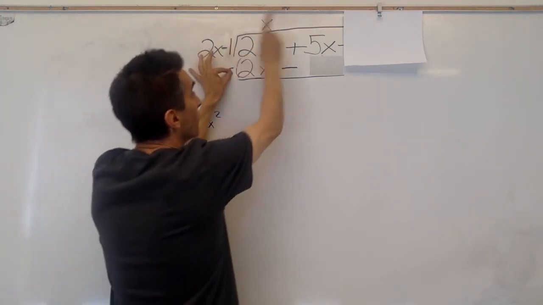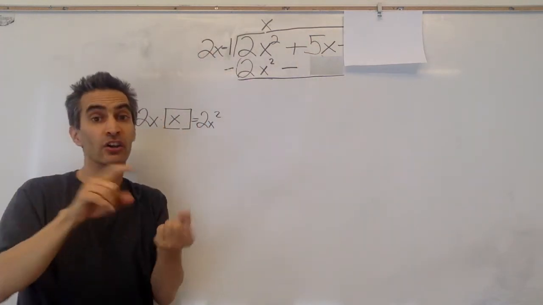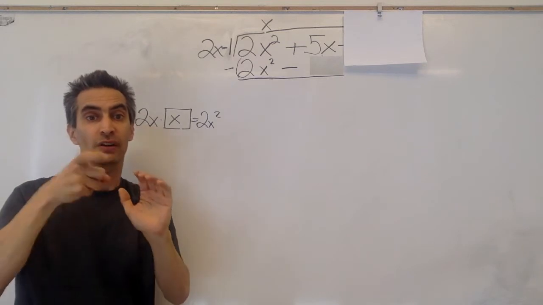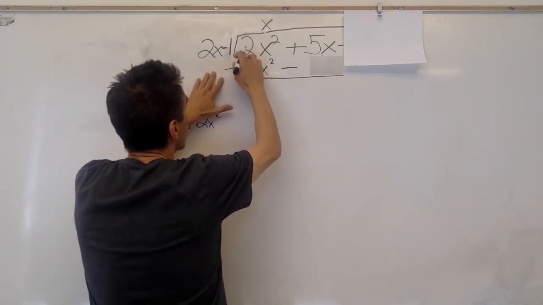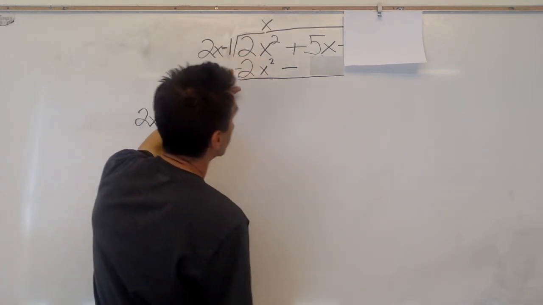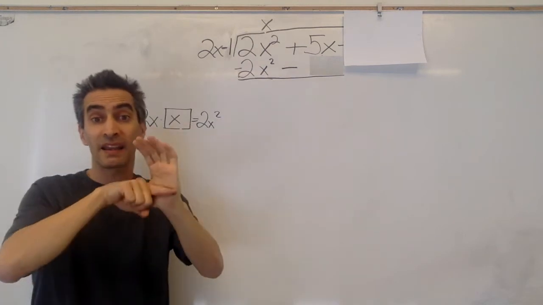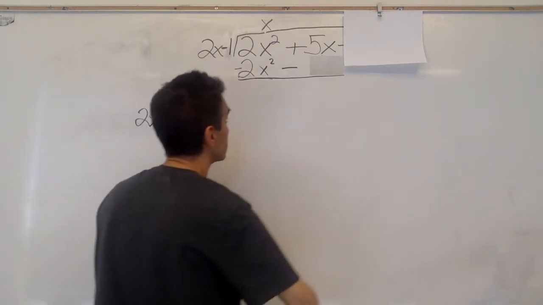You've got to distribute to negative 2x squared and to negative x. That means the 2x squared now becomes negative 2x squared, and that negative x now changes into a positive x.